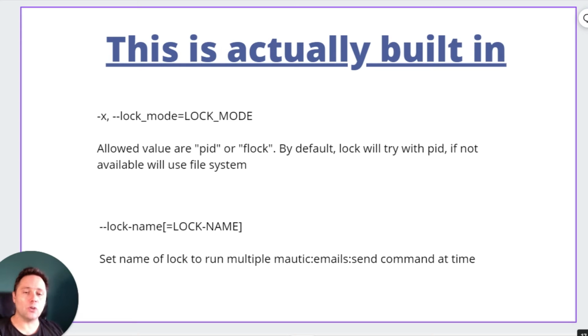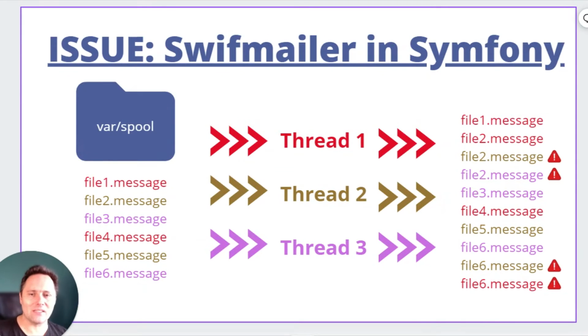And if this works fine, then each thread will pick up a file. When they pick it up, they will change the name, or let's say they put their hand on it, and the others won't send it out anymore. But right now this doesn't work in Mautic because there is an error in Symfony itself, and we have to make a change to one of the Symfony files, the Swiftmailer.